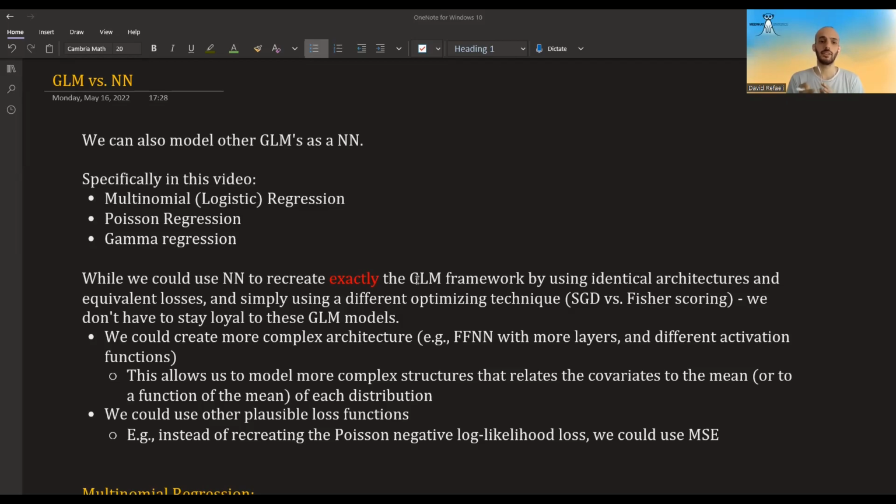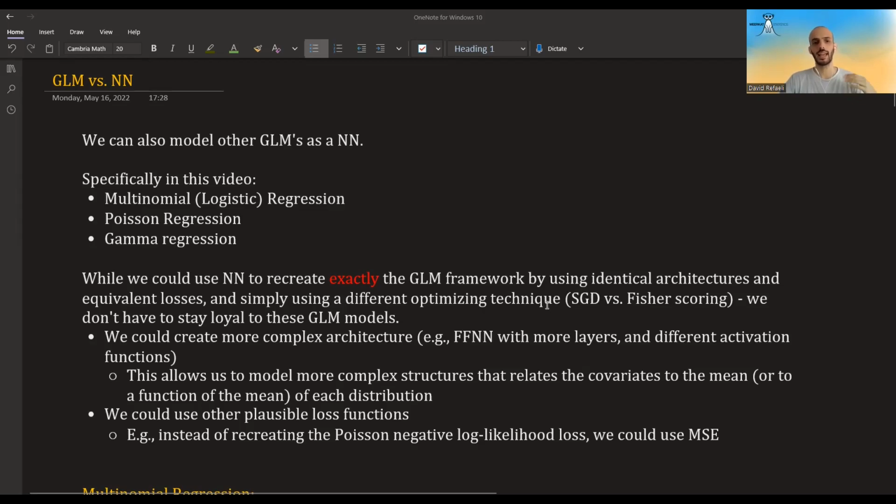And it will also have a loss that is equivalent to the objective function in the GLM framework, meaning it represents the log likelihood or the negative log likelihood, but just uses a different optimizing technique. So instead of Fisher scoring in GLM, we will use stochastic gradient descent.